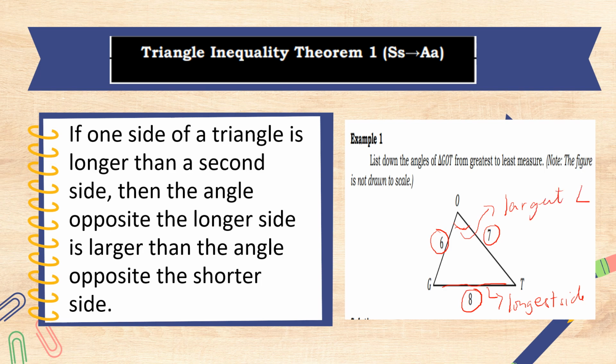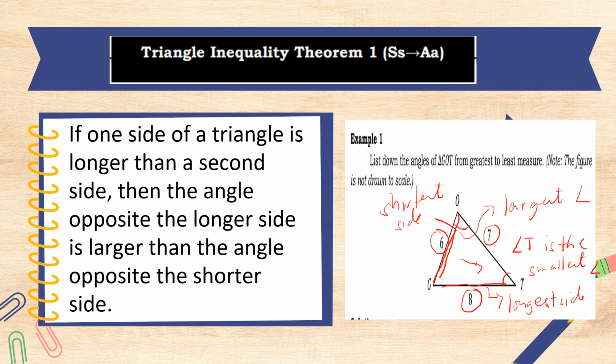While, as you notice, side OG is the shortest side. Therefore, the angle opposite to it, which happens to be angle T, is the smallest angle.